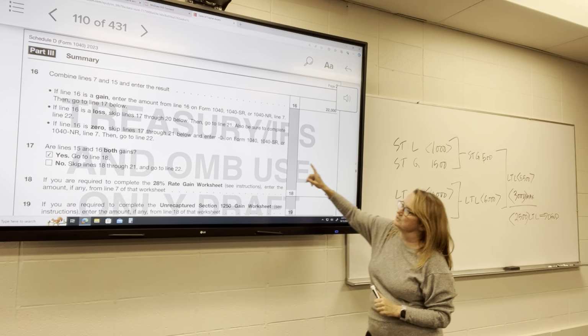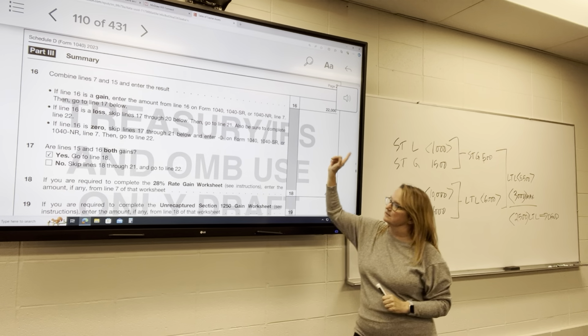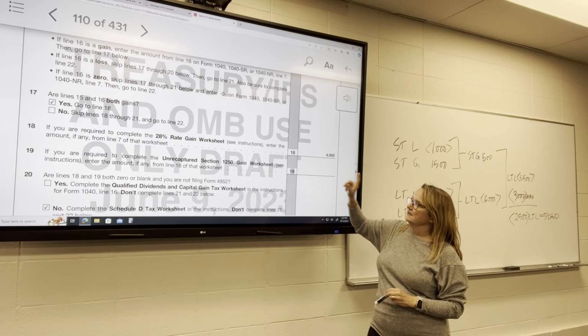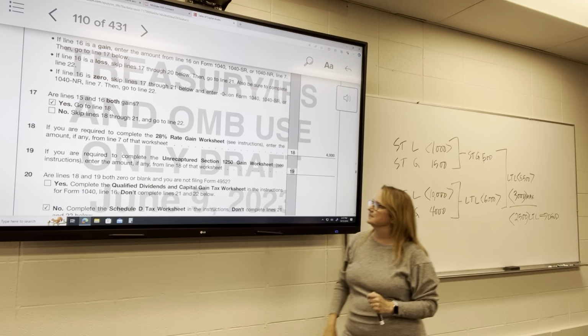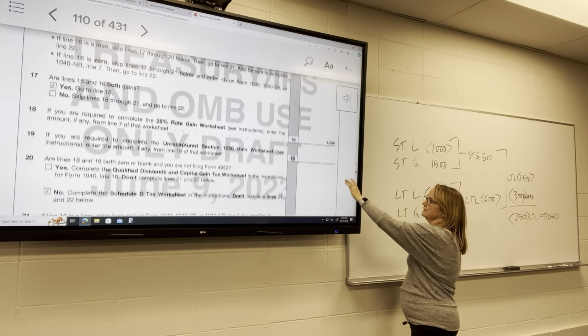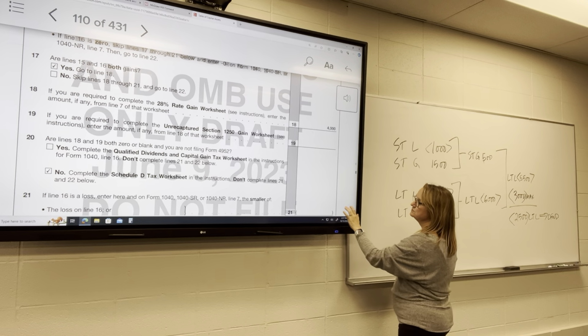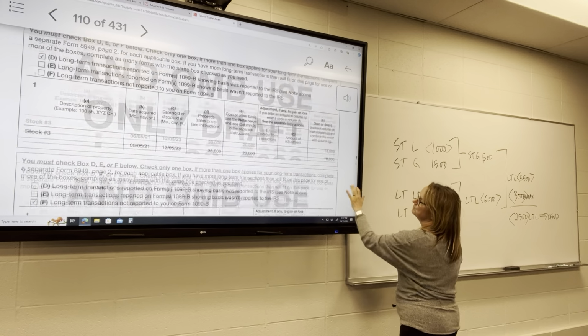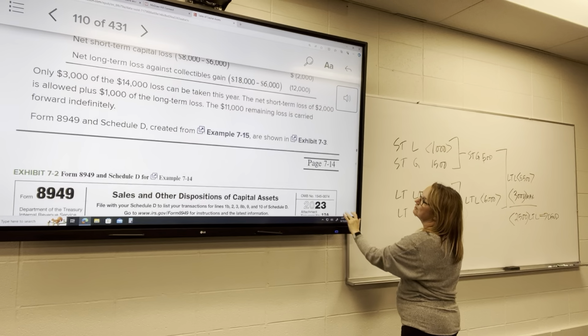And then it gives you the instructions. If it's a gain, enter here. If it's a loss, do this. If you're required to complete the 28% gain worksheet, that's entered there. Remember, those are the collectibles, which in this problem, which we didn't really go through, there are collectibles.